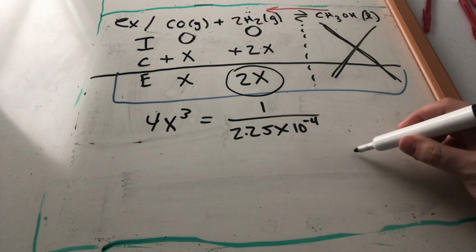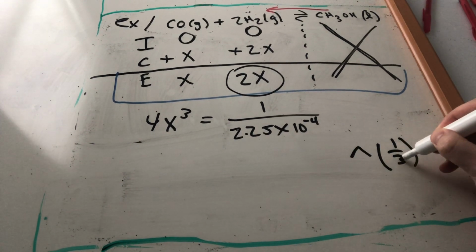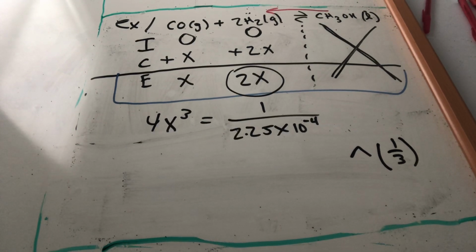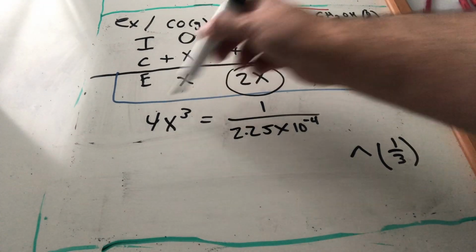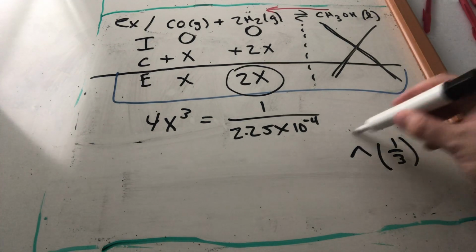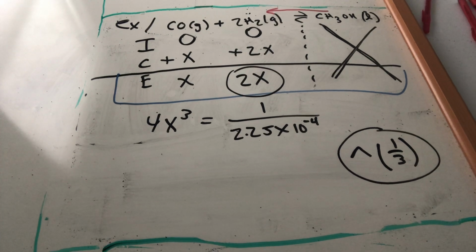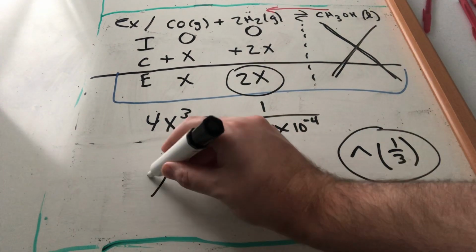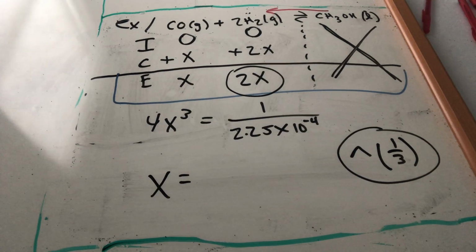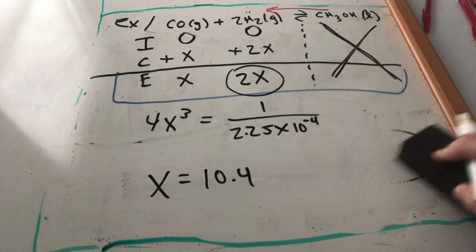Somewhere along the way, you're going to have to use the caret and the 1/3 in your calculator to solve for that x. But before you get there, you have to figure out what this number is, divide by 4. You fill in the gaps. If you want to take the inverse of a cube root, this is what you do in your calculator. What you end up getting is that x is equal to 10.4.